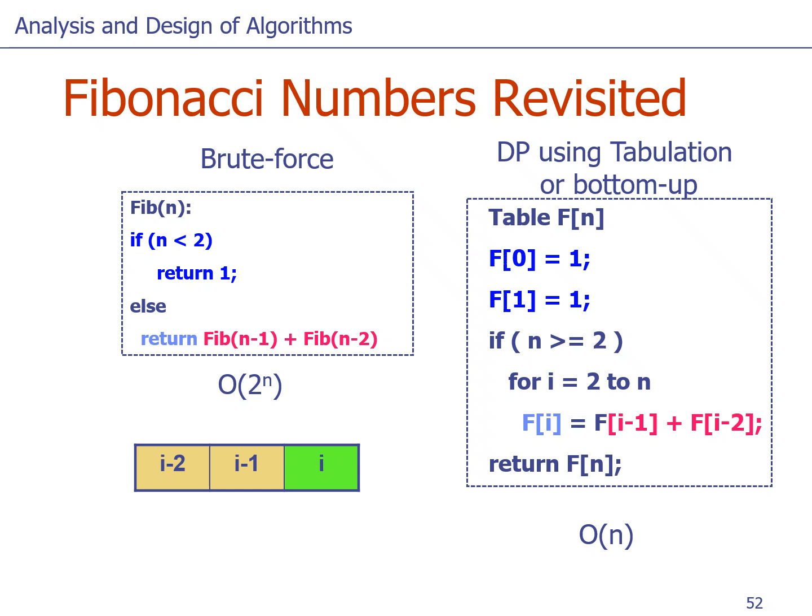Maybe I'm after Fibonacci of 50, but I'm not starting with Fibonacci of 50. I'm starting with Fibonacci of 0, then Fibonacci of 1, then Fibonacci of 2, then Fibonacci of 3, and this keeps going until I reach Fibonacci of 50. So I go from the very simple, from the bottom, if you'd like, all the way to the complex or the big, or the top of my computation. Okay, now this is one way to do it, and this would be tabulation.